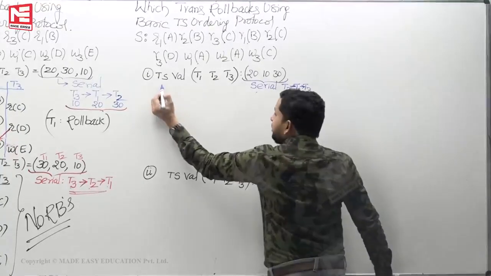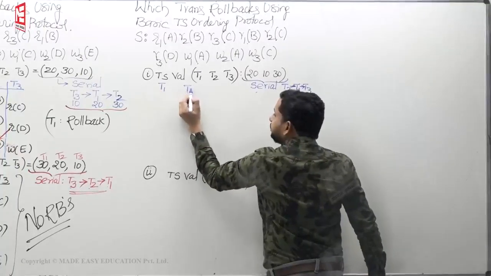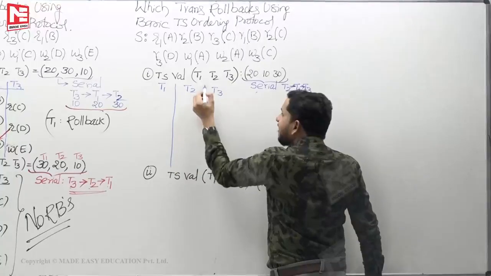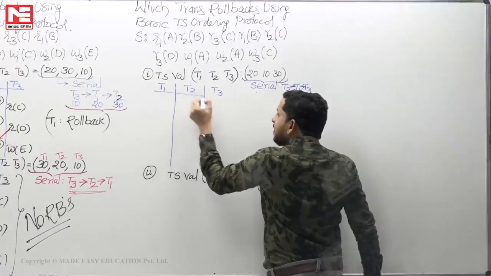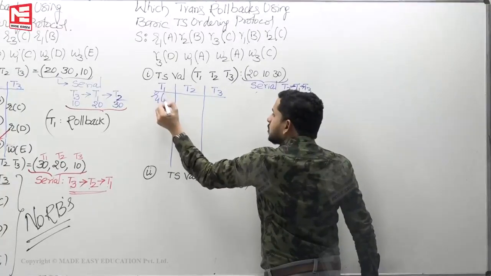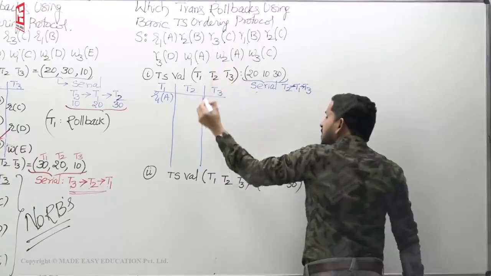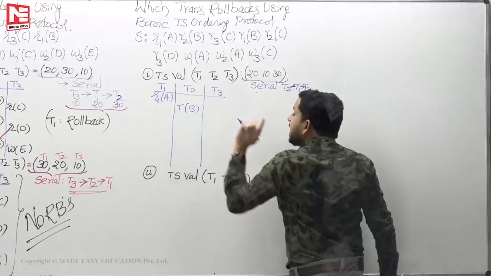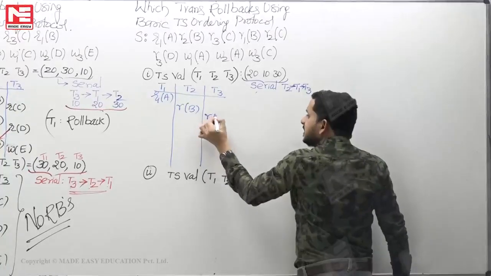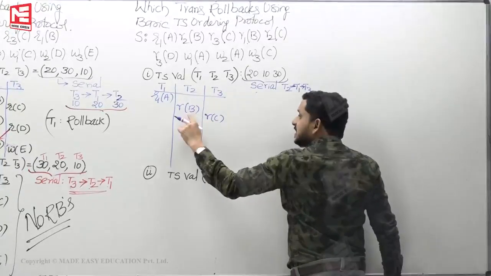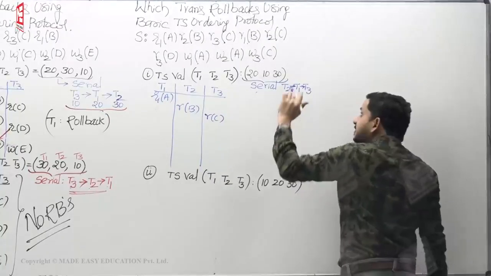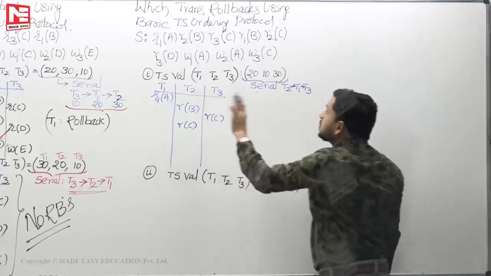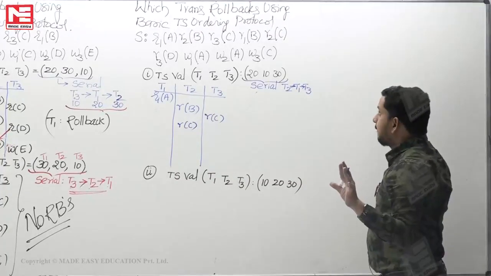Okay? So let us see the given schedule. T1 requesting read of A, no issue, not conflicting with anyone, first operation. T2 requesting read B and read A, not conflict. T3 requesting read C, read B, read A, not conflict. Then T2 requesting read C, which also does not conflict with anyone.